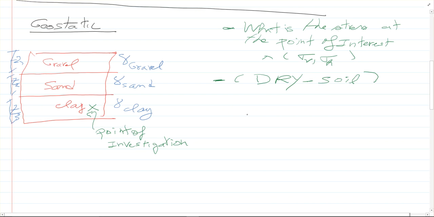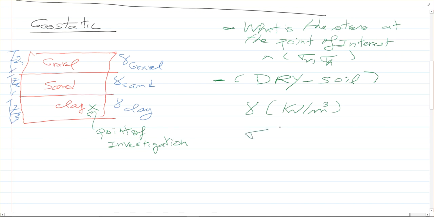So before I get into stress, we know that the unit weight is kilonewton per meter cube. That says the weight of the material per unit volume is that much, and that is a force.